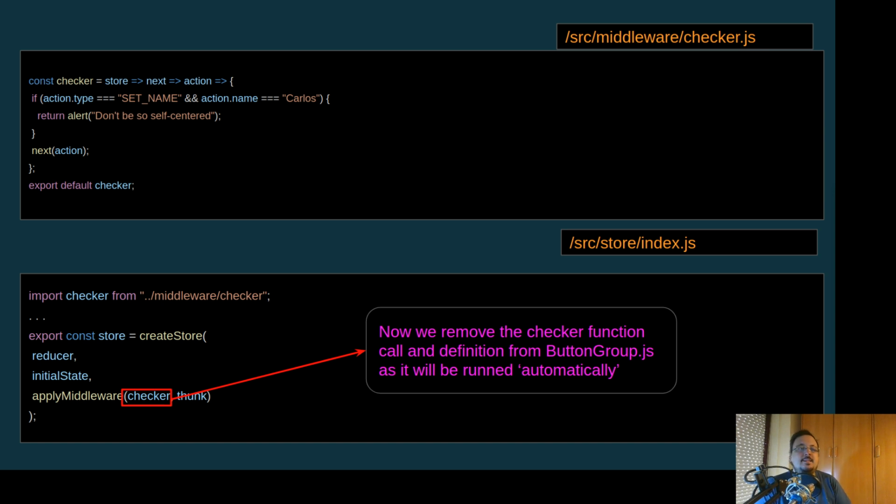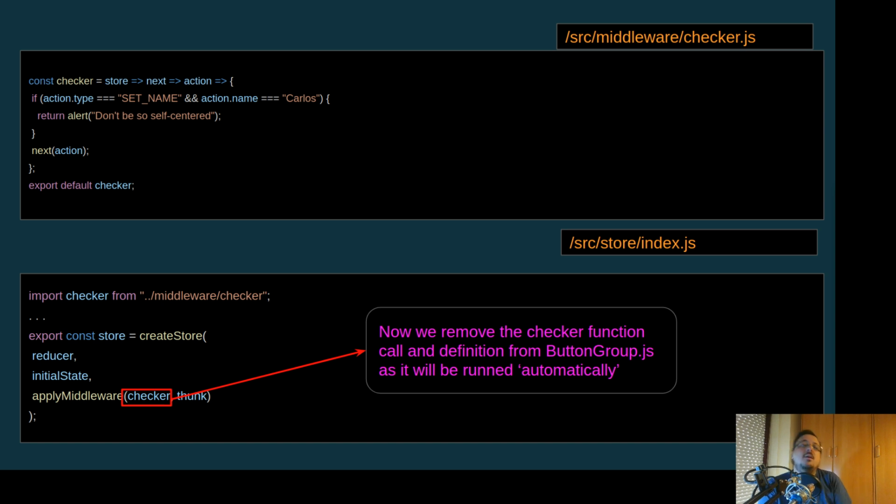And remember, the only thing that changes here is that when the if condition is not met, we don't go inside the if condition. We just don't use the dispatch from the store. We just do the next action, and Redux will be the one that dispatches the action. So once we do this, we completely remove all the check and dispatch functions and calls from our code, and we just apply middleware checker.